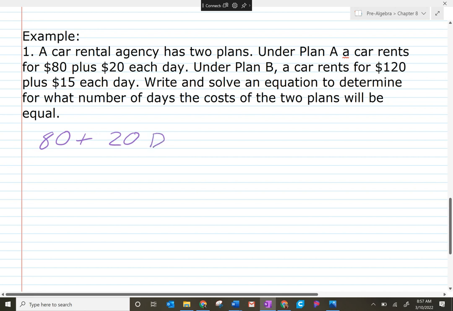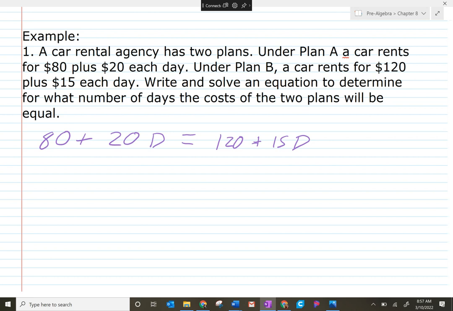I have no idea how many days, so I'm going to call it a D. So that's plan A. Under plan B, it rents for $120 plus $15 each day. Write and solve an equation to determine for what number of days the cost of the two plans will be equal.